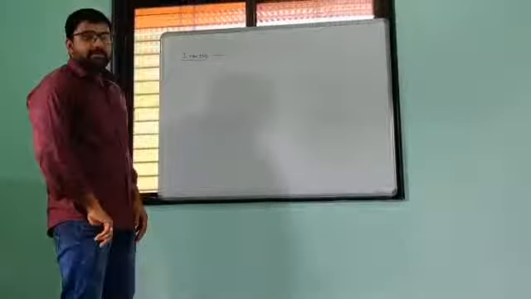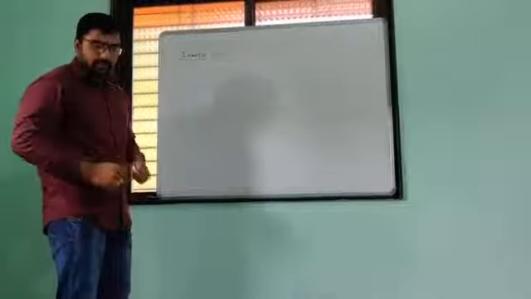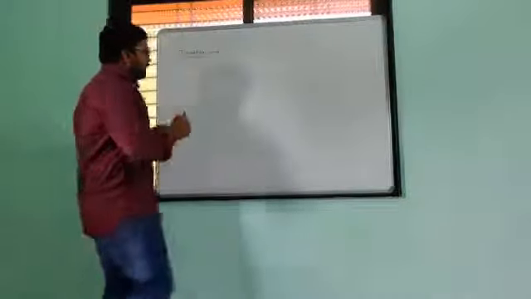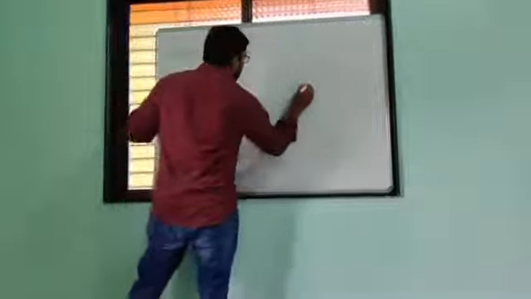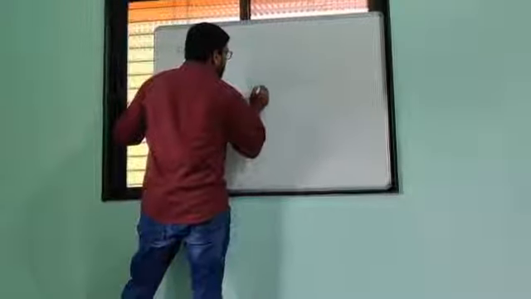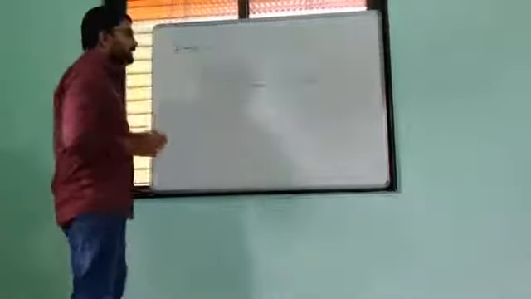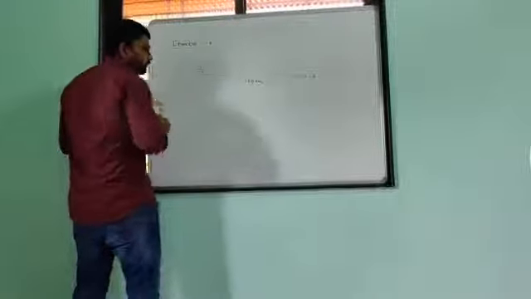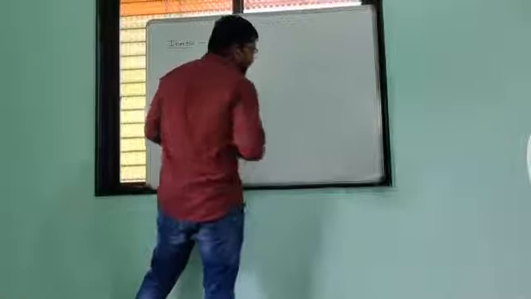Also, we have seen one more example, that is running. Suppose this is a 100-meter track, and many contestants start running from this point and have to finish their running here.